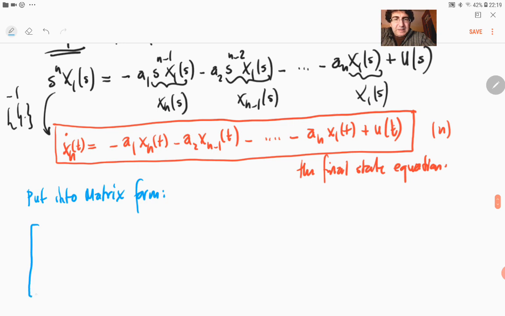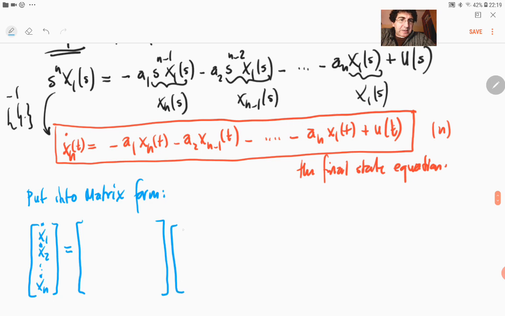And basically what I have is that the derivative of the states, x1 dot up to xn dot, the derivatives should be apparent here, and the states up to xn.